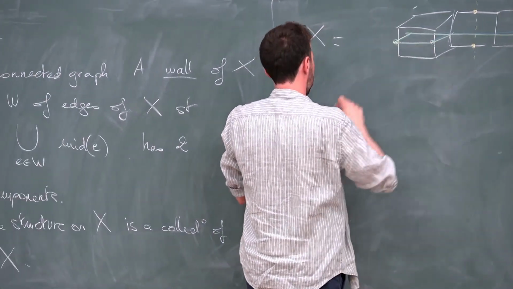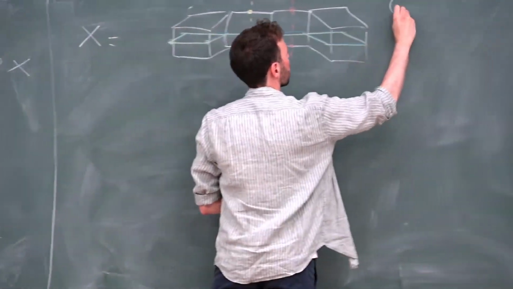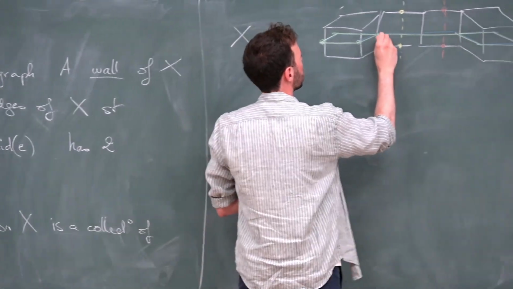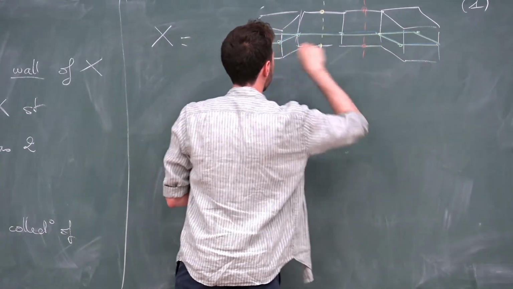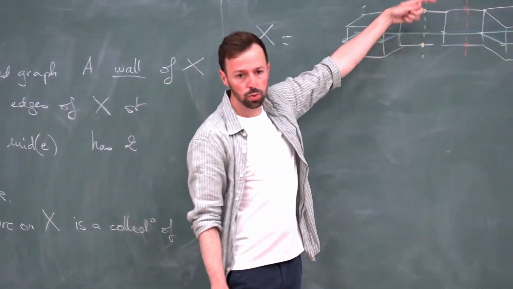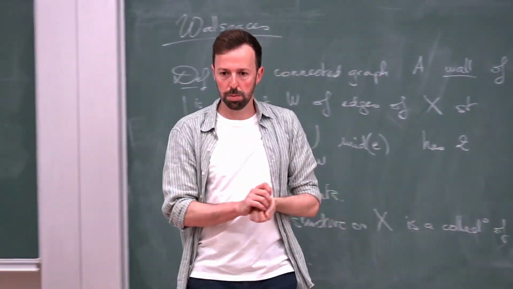Okay, and maybe I should say the one-skeleton of this. If I remove the midpoints of the edges here, I separate my one-skeleton into two components, above the green hyperplane and below the green hyperplane.